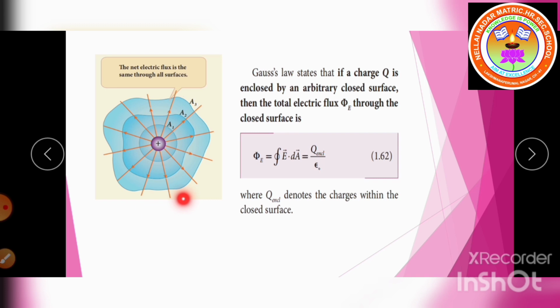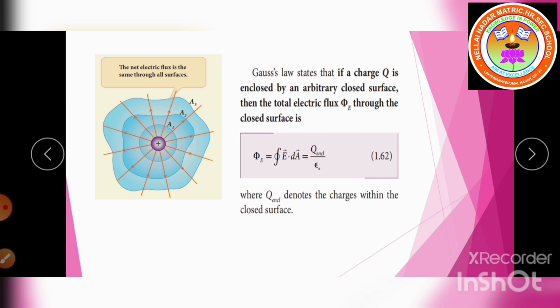So the charges present outside the surface will not contribute to the flux. And also, listen, the shape of the closed surface can be chosen arbitrarily. The second point, listen, the total electric flux is independent of the location of the charges inside the closed surface. Inside this closed surface, only the charge is what we are considering. We are not considering the location.